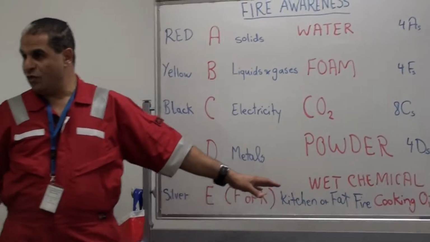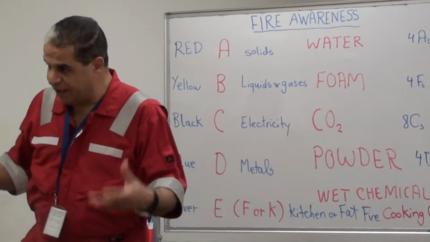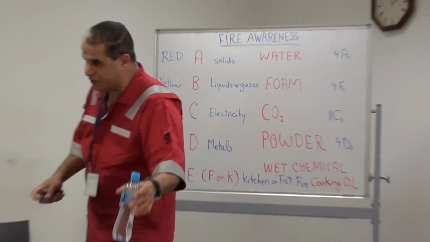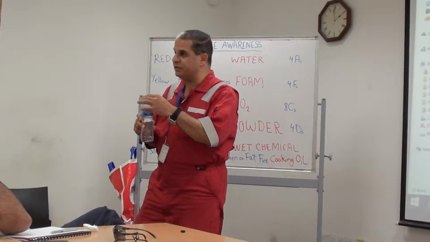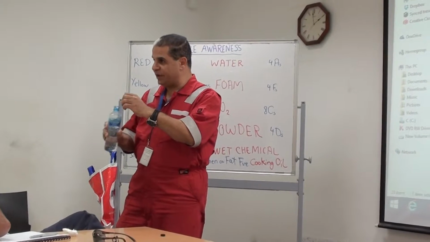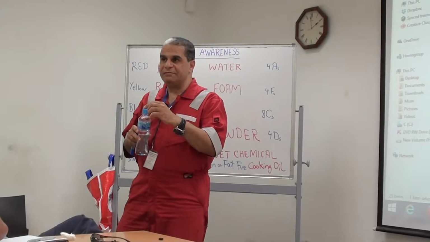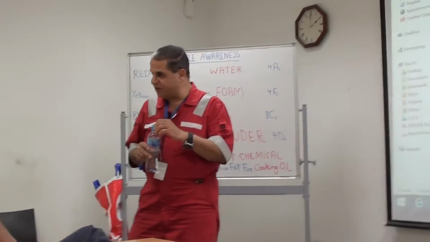very dangerous. Why? Because if you are in the kitchen and fire happens, and the lady doesn't know what's going on and she uses the water to abort the fire, guess what happens? The oil is at 450 degrees Celsius, and then you are pouring some water at 24 degrees Celsius.